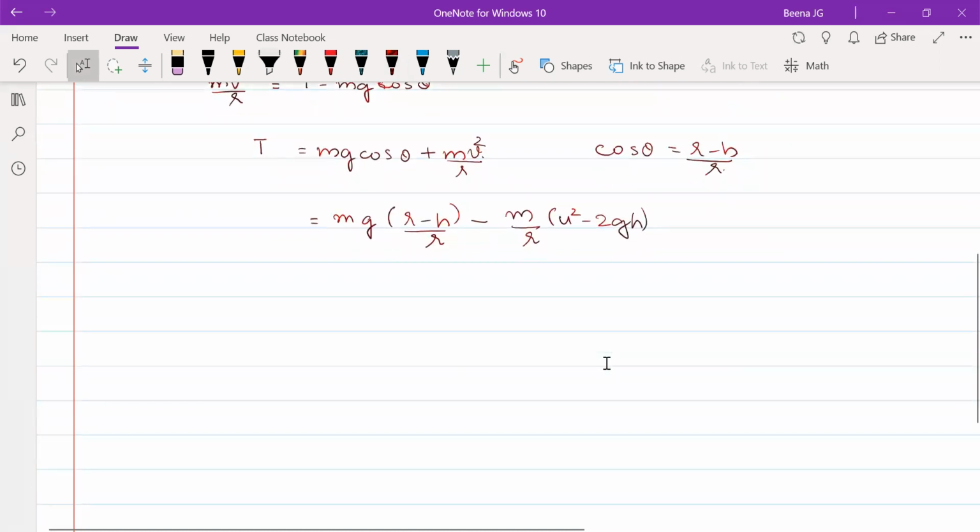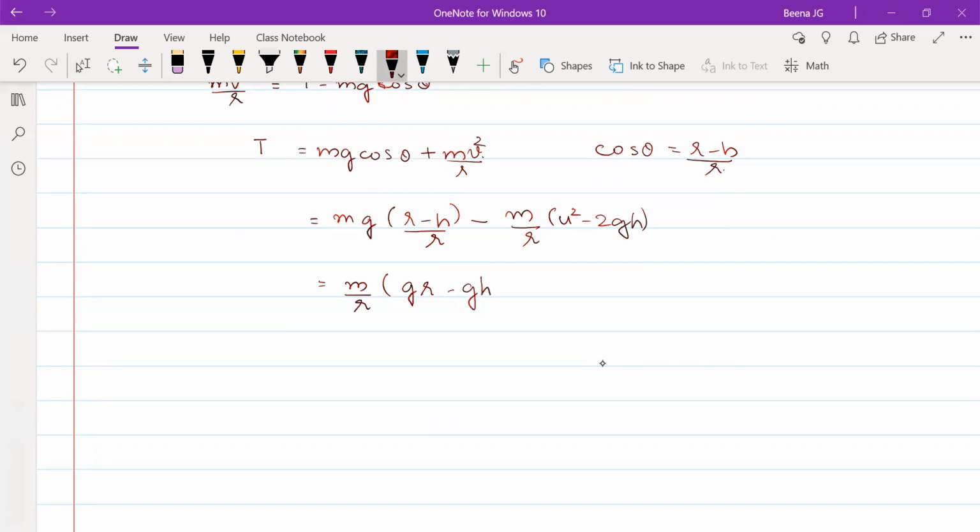We'll just simplify this equation now. First of all, we can see m by r is constant in all the terms, so I'm taking m by r outside. gr minus gh, m by r already we have taken outside.